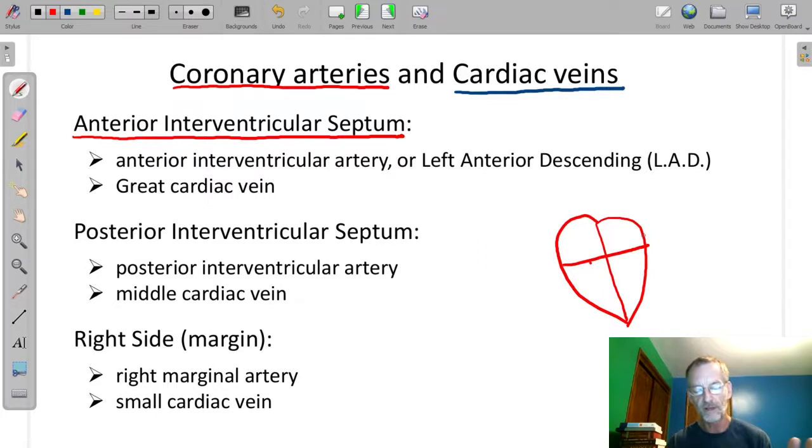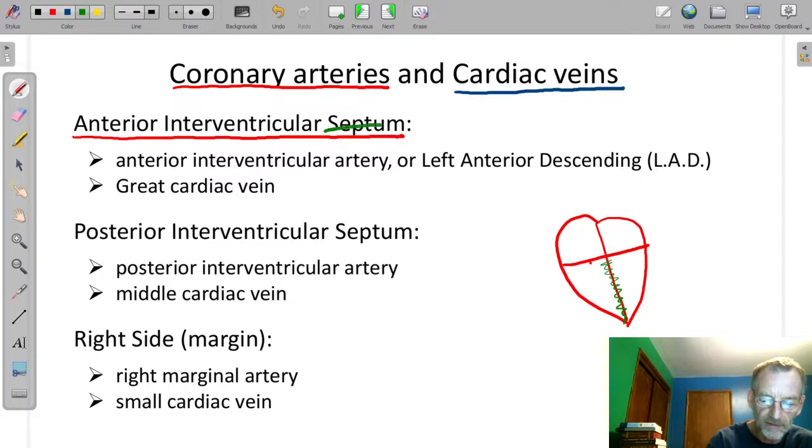That groove on the surface, which forms the sulcus, is the interventricular sulcus. It's between the ventricles. And it's on the anterior surface and the posterior surface. So that's the typo. Dang. Sulcus, not septum.